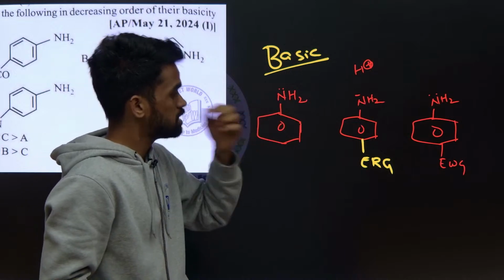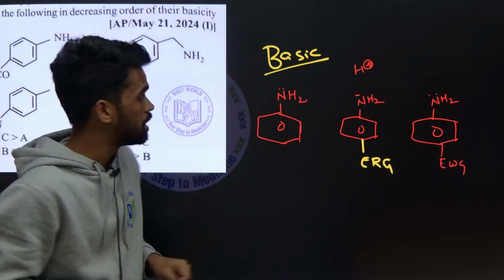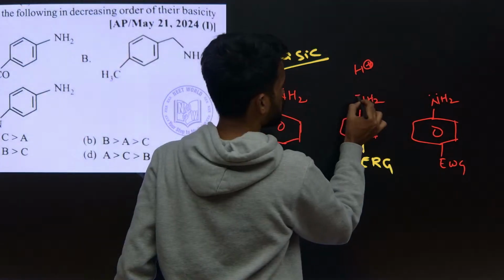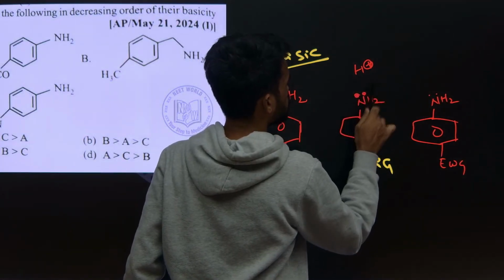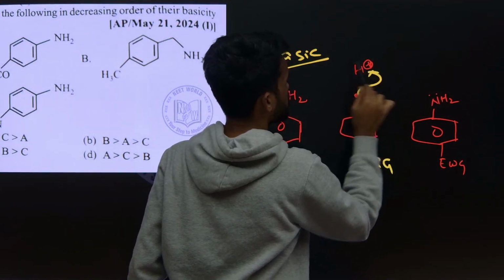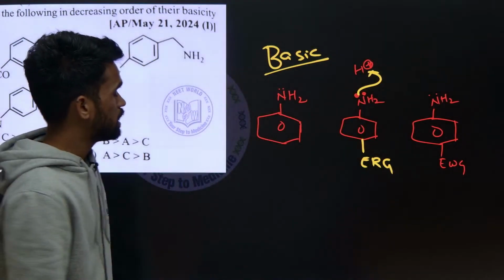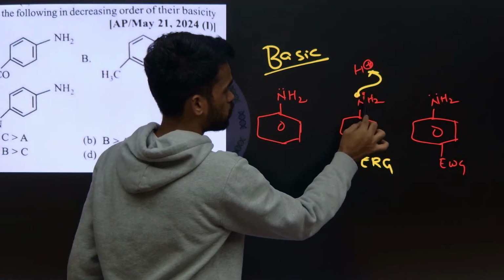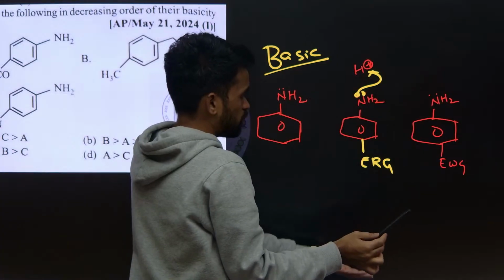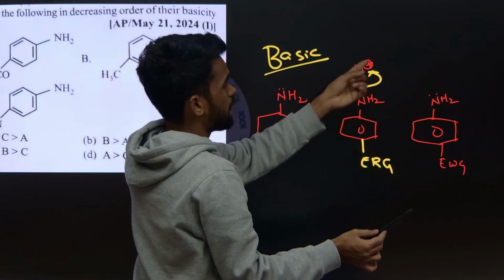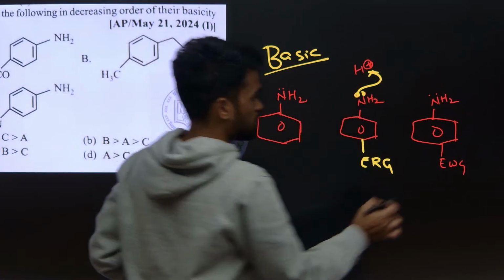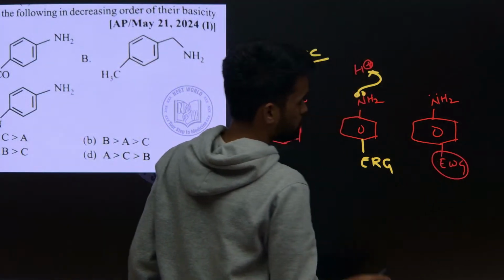Like that, they will ask which is more basic. Very simple. See, if these lone pair electrons are very free to accept this H plus ion, then we can say it is more basic. If the lone pair electron density is more here, as if someone is pushing from the back side, then that will easily accept this H plus ion. Right now, see what type of group we have here? A withdrawing group.